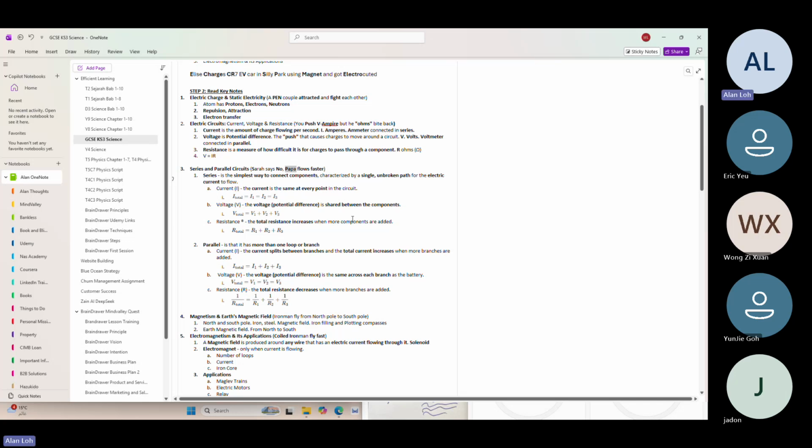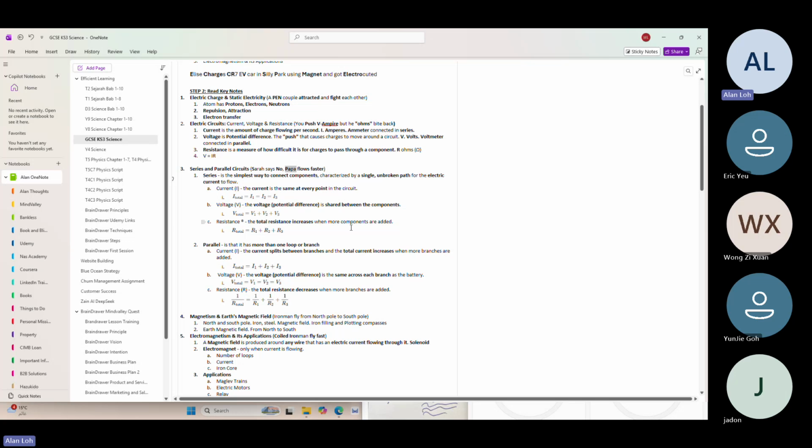Parallel is usually the design, the circuits that we are all using in your house, in your schools, how you turn on the switch. Usually they are all designed based on parallel circuits, right? So Sarah, the S represents series, says no.